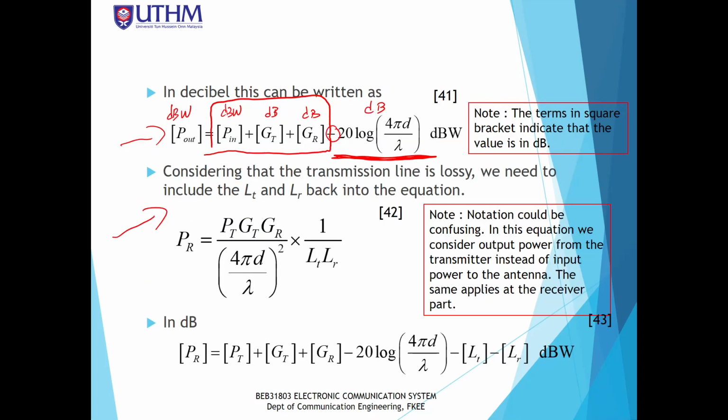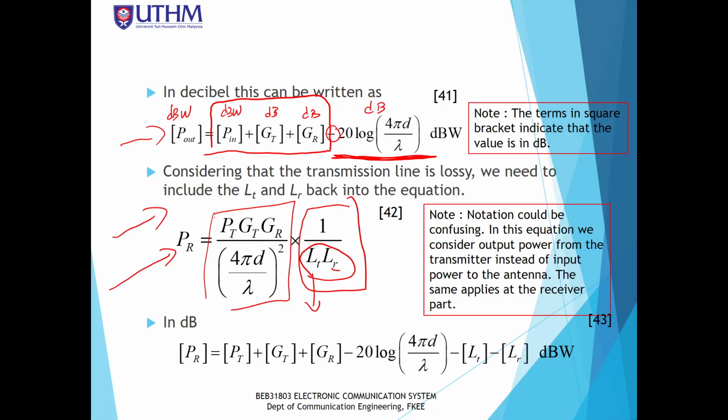So now we can calculate PR, the received power at the receiver, because we include LT and LR. This is the Friis transmission equation. We multiply with the other losses from the transmission line. LT is the loss at the transmitter transmission line, and LR is the loss at the receiver transmission line.